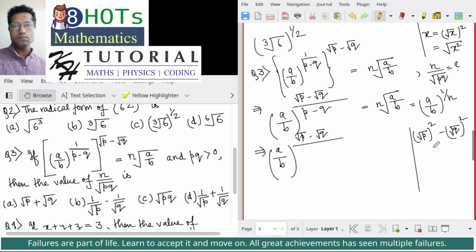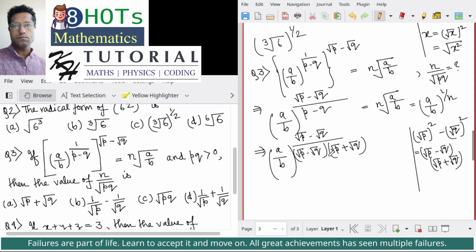So we have an algebraic expression in the form a square minus b square, and using the algebraic identity a square minus b square is equal to a minus b multiplied by a plus b, this becomes square root of p minus square root of q multiplied by square root of p plus square root of q. So the denominator of the power of the LHS can be written as square root of p minus square root of q multiplied by square root of p plus square root of q.